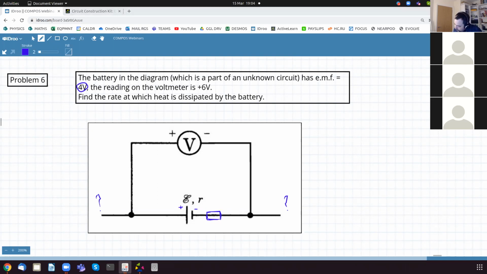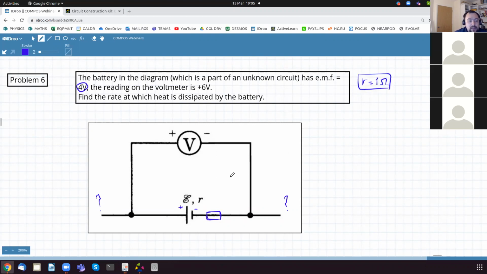This is question 6. Internal resistance is 1 ohm. I forgot to mention. The internal resistance is 1 ohm.